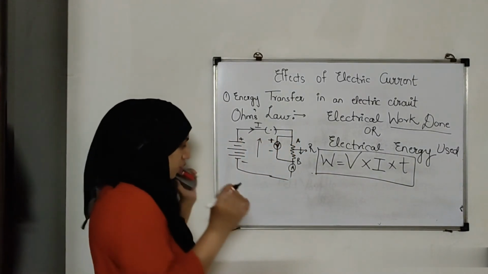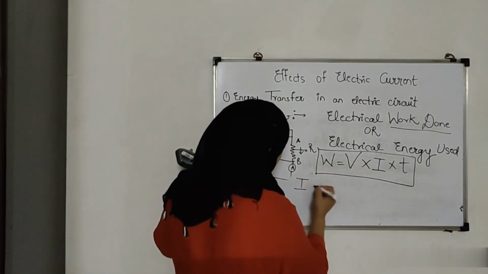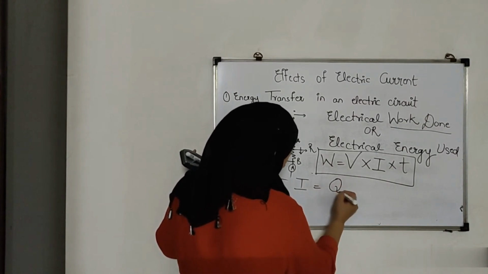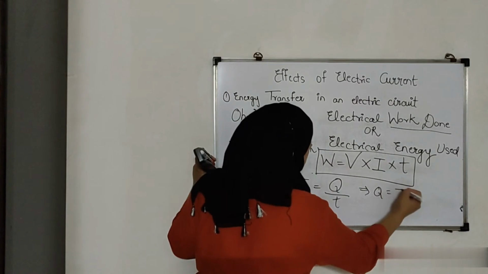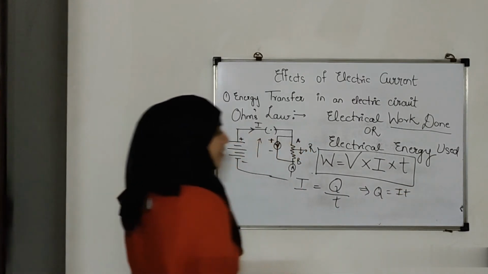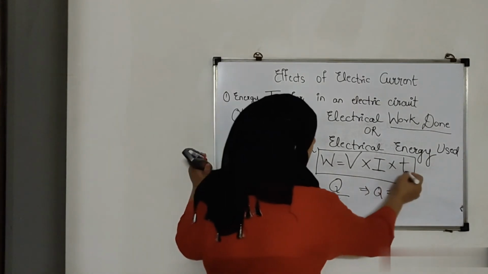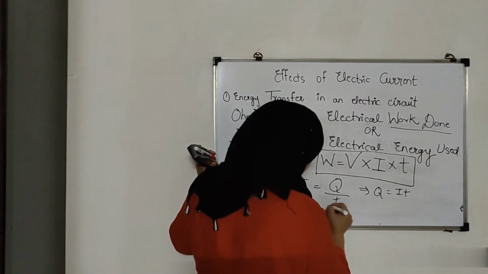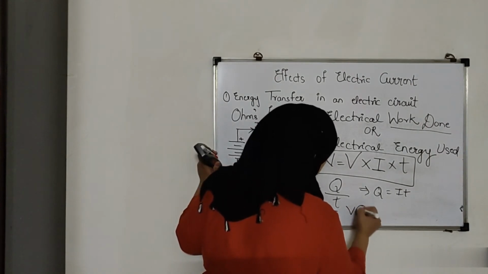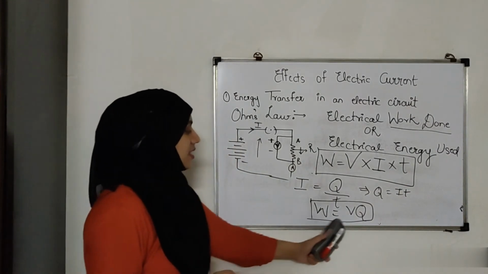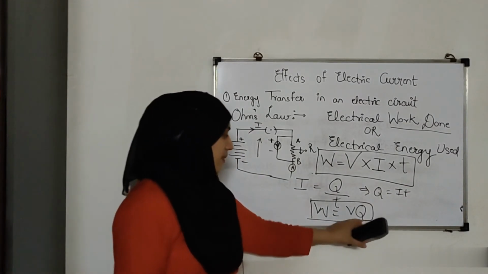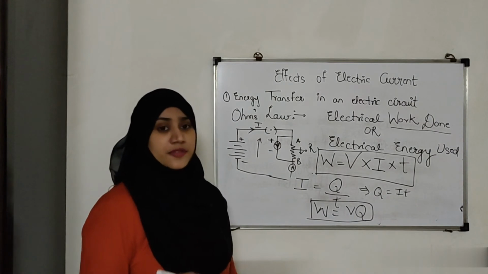Now we know what a current is. Current is nothing but charge per unit time. So my Q becomes equal to I into T. Now instead of this, can I substitute VQ? Fine. So my electrical work done is equal to the charge multiplied by the potential difference.